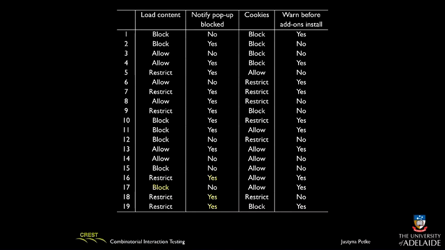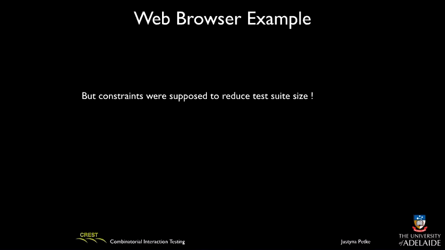But here it turns out, because we had a very compact test suite in the beginning, which was very, very efficient at checking the three-way interactions, once we dropped particular combinations from there, it was not that efficient anymore, and now we are left with 19 instead of 18 test cases. So that's maybe the counterintuitive aspect.